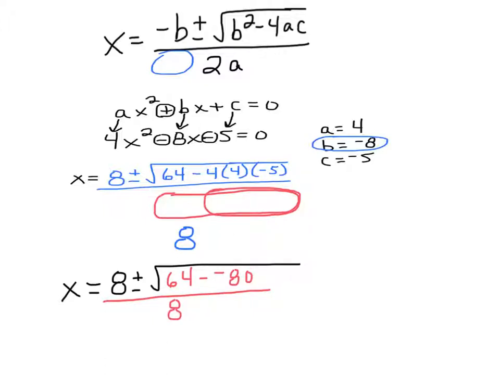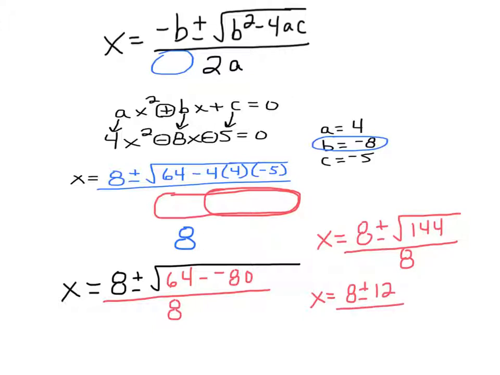Following my dear Aunt Sally rules, I'm then going to figure out what it is equal to underneath the square root. 64 subtract negative 80 is 144. So I have 8 plus or minus the square root of 144 over 8. And as I continue that, I get 8 plus or minus the square root of 144 is 12 all over 8.